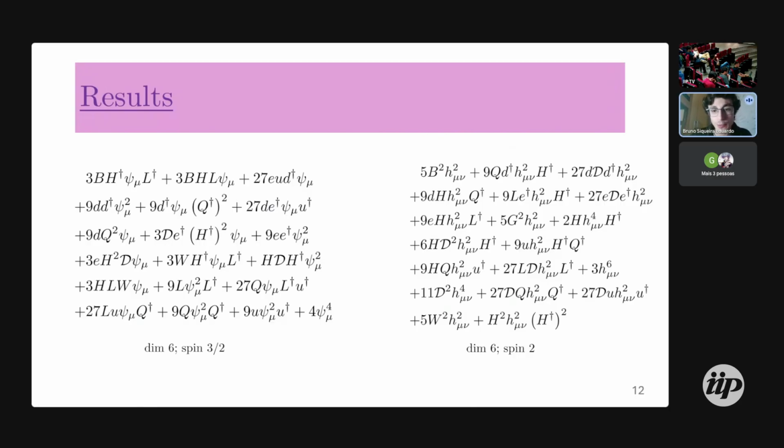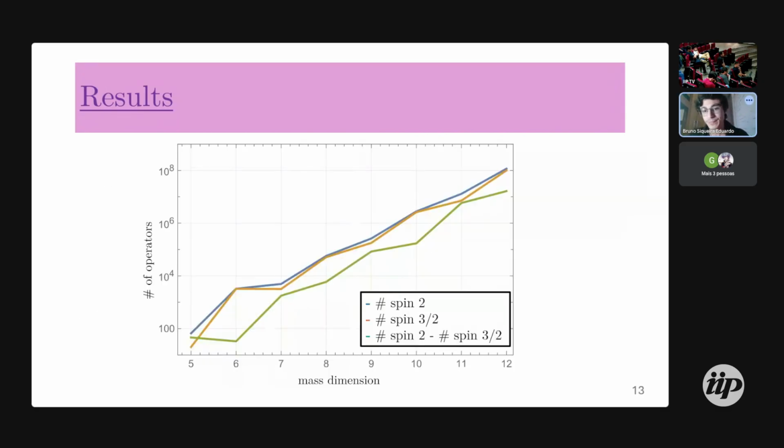To construct the operators from here is much easier than starting from scratch. Okay. And you can also plot the total number of operators as a function of mass dimension. And we've done that for spin 2 and spin 3/2. And a funny thing that I still don't know how to explain is that the difference in this number also grows exponentially.